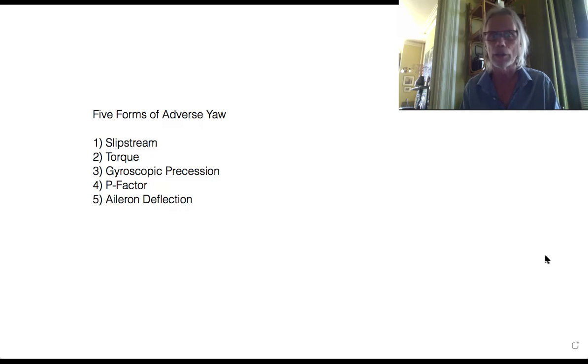And they are, number 1, slipstream. Number 2, torque. Number 3, gyroscopic precession. Number 4, P factor. And number 5, aileron deflection.